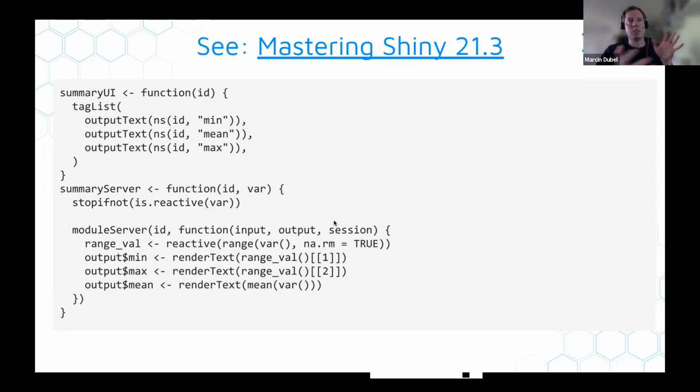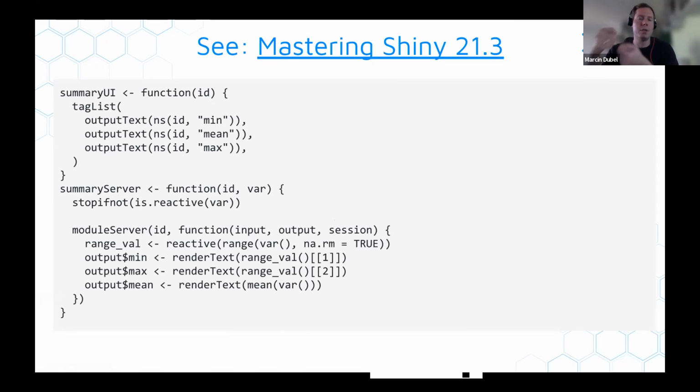Our module just accepts that and displays some statistics about that range. Okay, perfect. But this is not a function that we can unit test. Of course, we can have a unit test for the range, but this is not the case. We want to check whether our output will behave correctly when the reactive is modified.